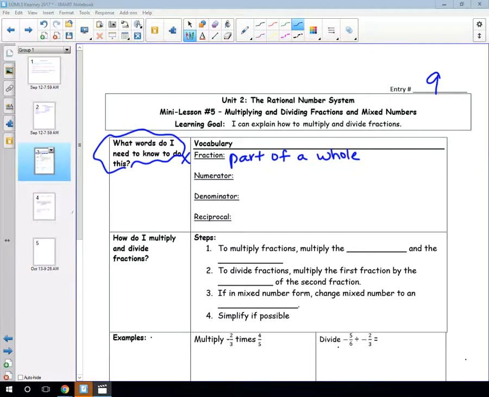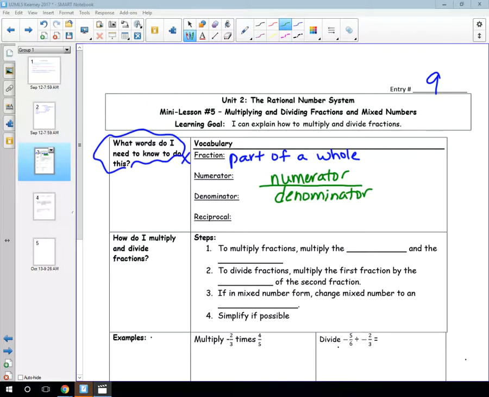When you look at a fraction, there are two key pieces that go into it, a numerator and a denominator. The numerator is the top number of a fraction, and the denominator is the bottom number.